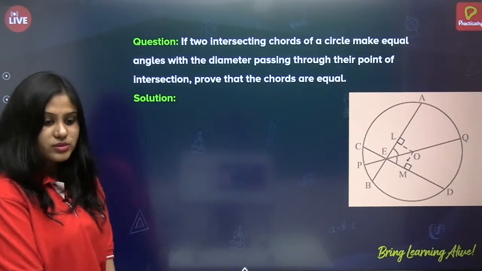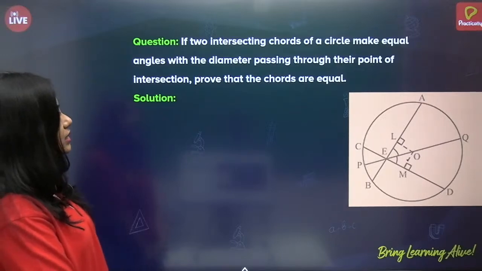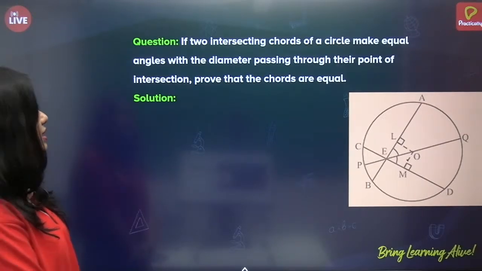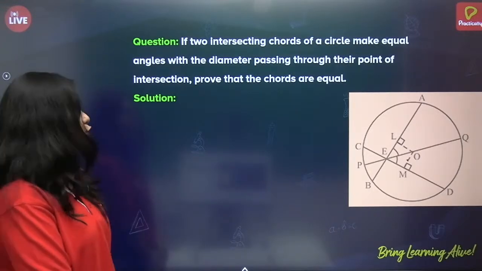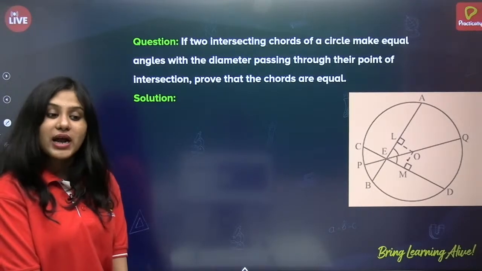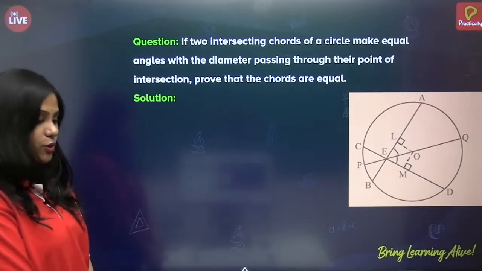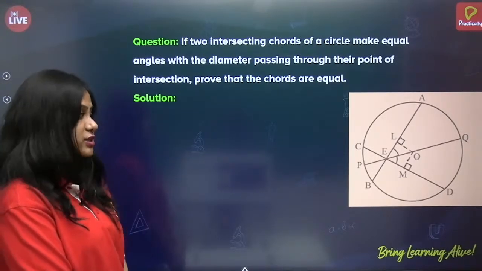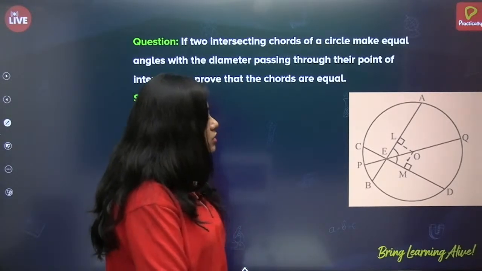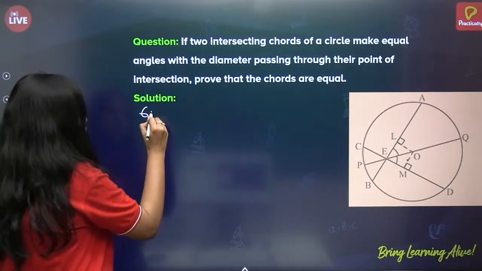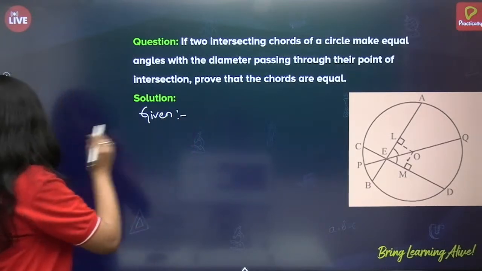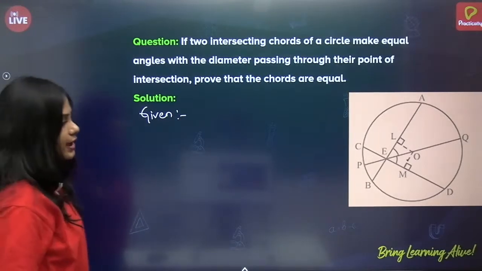Okay, so: if two intersecting chords of a circle make equal angles with the diameter passing through their point of intersection, prove that the chords are equal. Again, this is one of the most interesting problems, correct? So now PQ is the diameter, correct? First let us write what is given. Let me use another color.